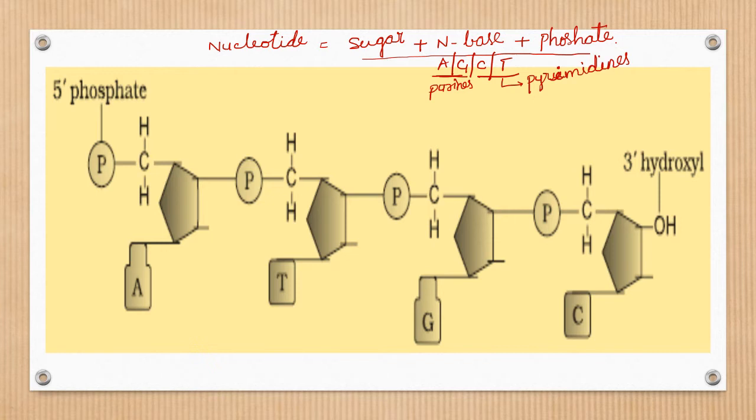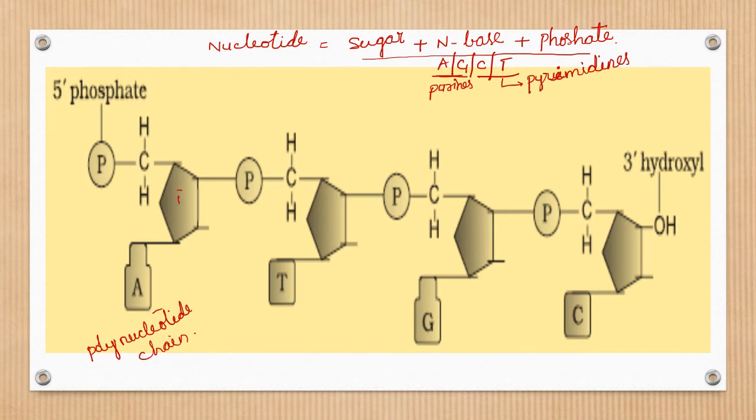So here is a diagram of a polynucleotide chain. Here we consider a total of four nucleotides.